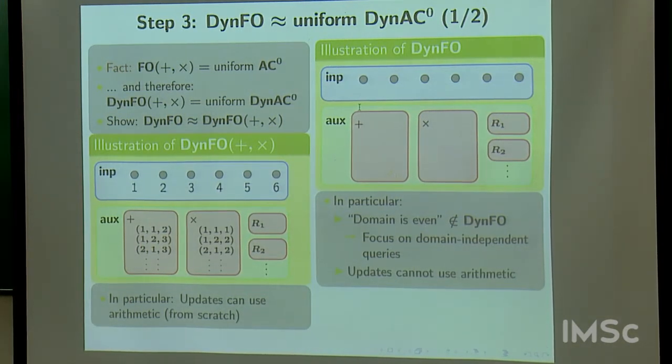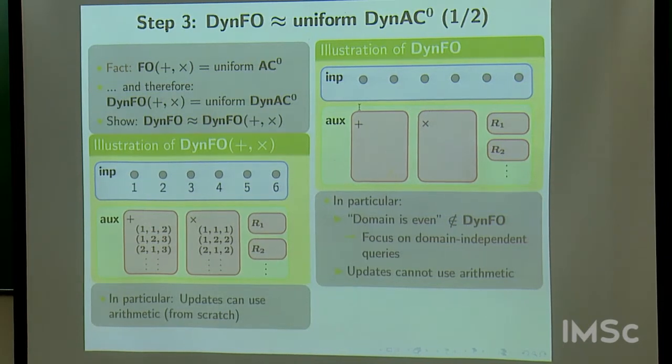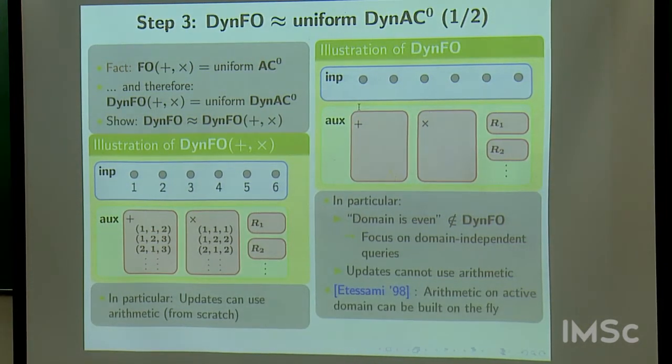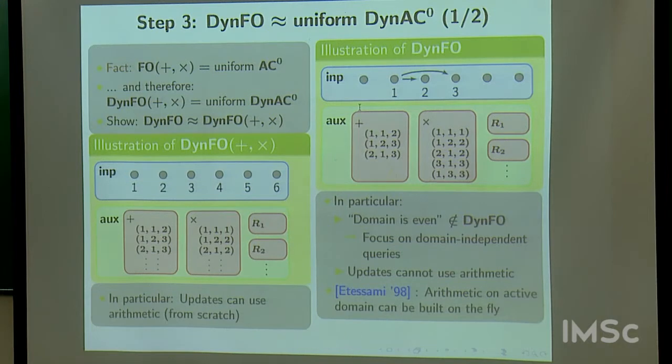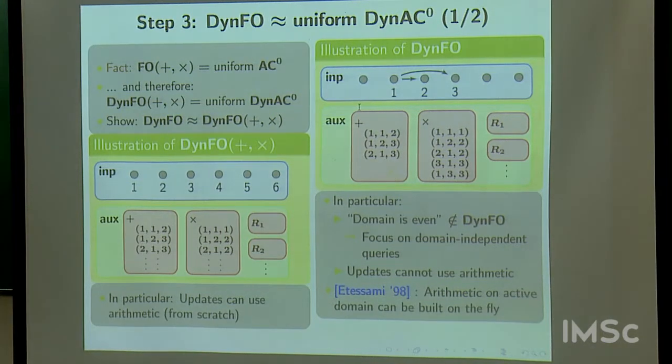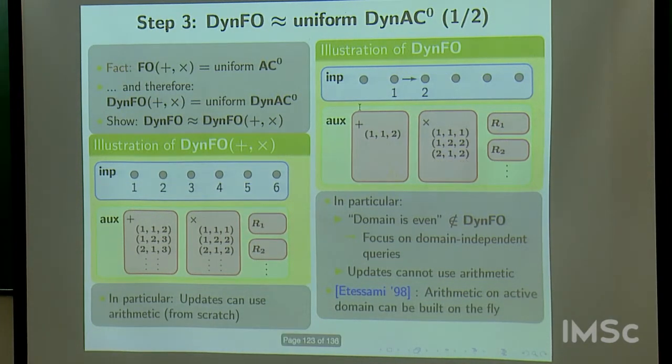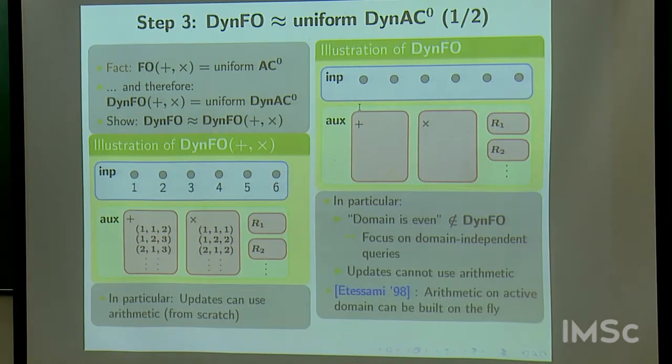So in this case, updates cannot use arithmetic, and Kusha had proved that arithmetic on the active domain can be built on the fly, in one of his papers on pre-isomorphism. For example, here, initially these tables are empty.